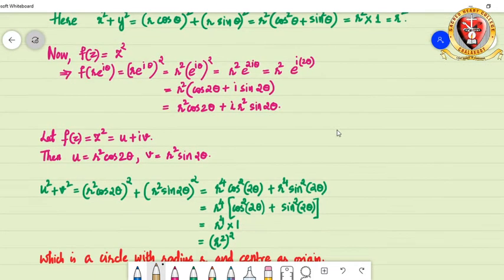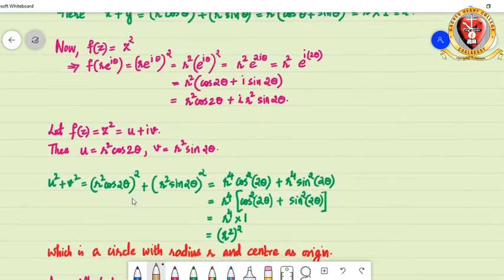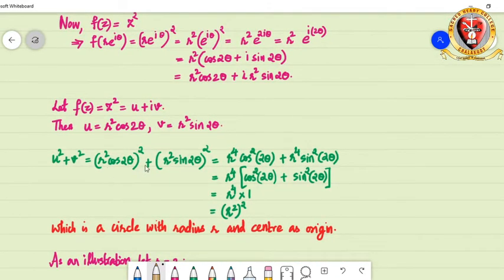So, just for our curiosity, we are finding u square plus v square, and when we substitute for u r square cos 2 theta and v r square sin 2 theta, we end up with r raised to 4, which is nothing but r square the whole square.